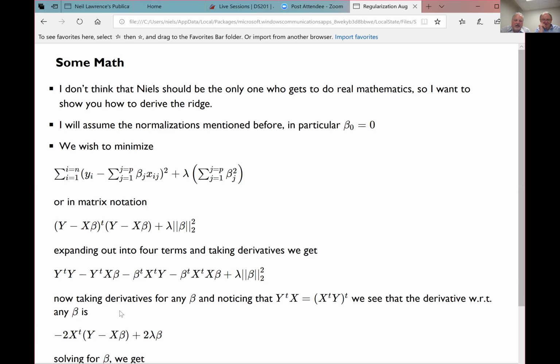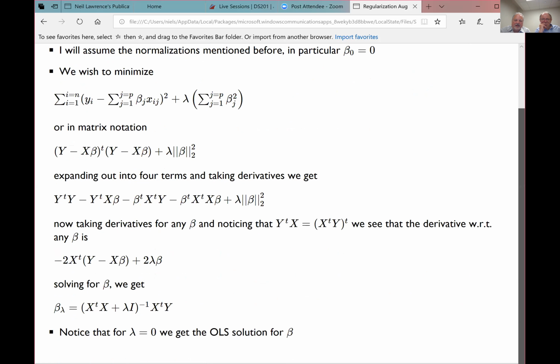When you put that all together, when you take the derivative with respect to beta, this is what you get: minus 2 times x transpose times y minus x beta, plus 2 lambda beta, that's coming from here. The 2 comes because you have a square. Now it's just simple linear algebra. You get beta is x transpose x plus lambda times the identity matrix, inverted, times x transpose times y.